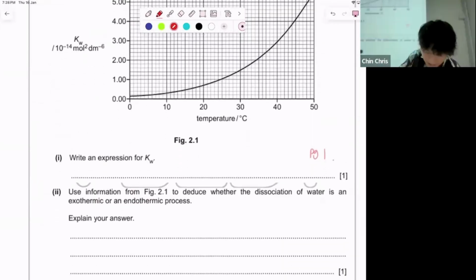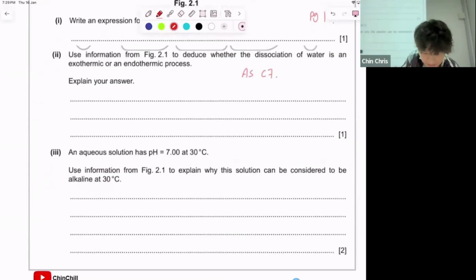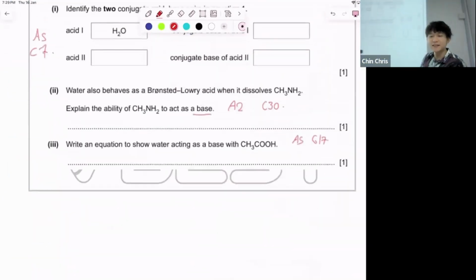This one is AS chapter 7. And this page, no, this one is just a critical thinking question. This question is good. The remaining questions, please try to recall your AS.